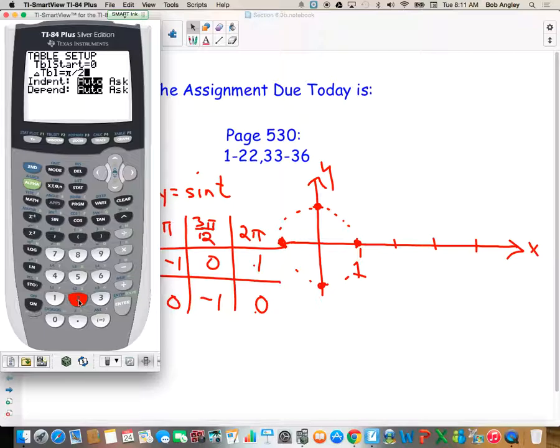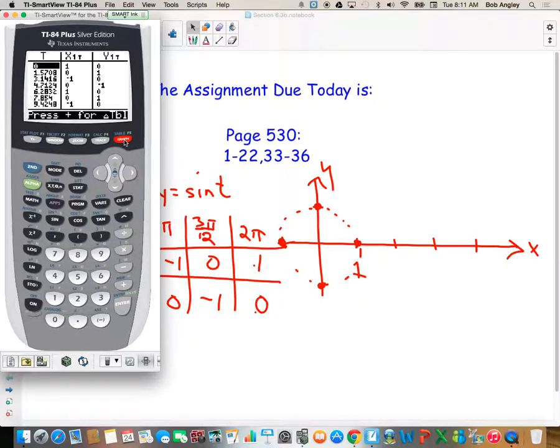All right? And then if I press enter and go second table, it has all those values. Now, the hard part is you're going to realize this is 0, this is pi over 2, this is pi, this is 3 pi over 2, this is 2 pi, because it doesn't leave that in the t column, but it gives you all your values here. Okay.